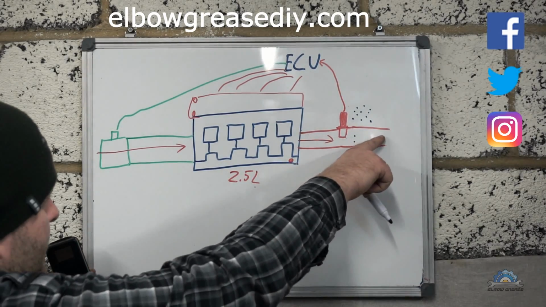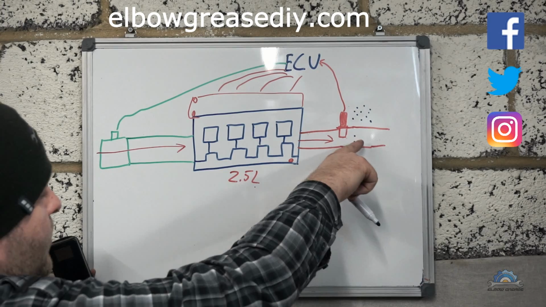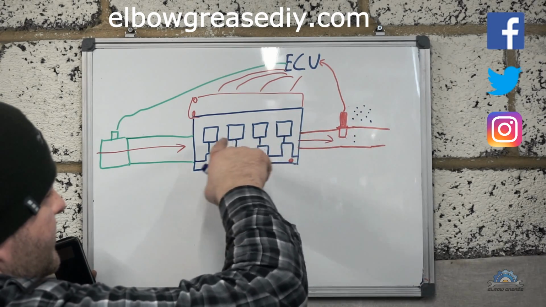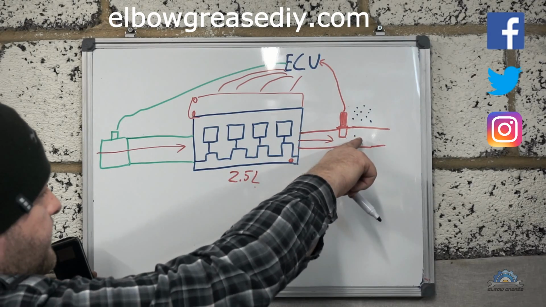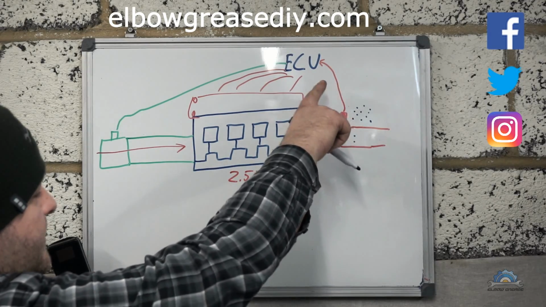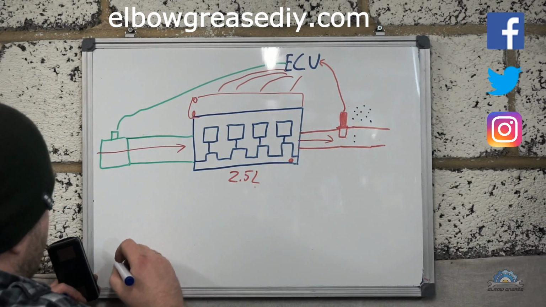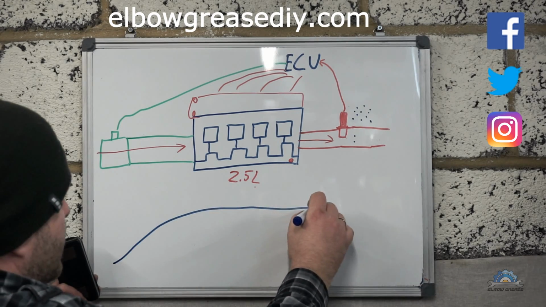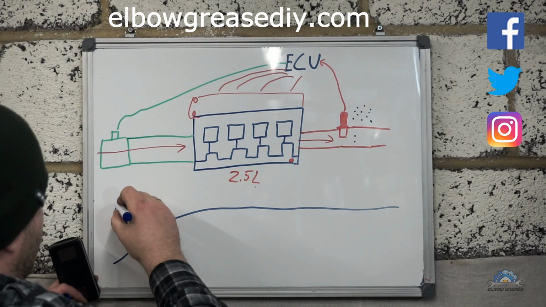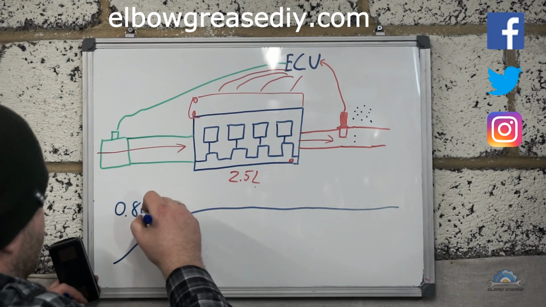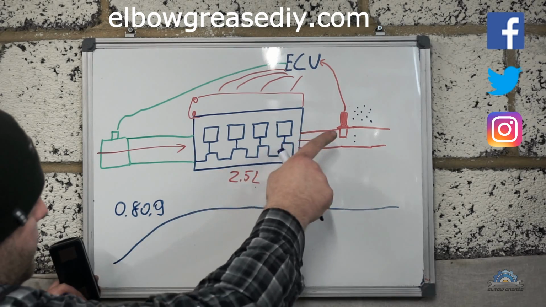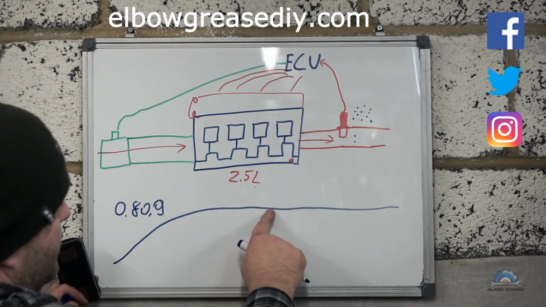We got a rich condition, which means there's more unburned fuel, because there's less oxygen added to the engine, and the O2 sensor is sensing that. So the wave is going to look like this, around 0.8, maybe 0.9 volt, and your graph of the O2 sensor is going to look like this.